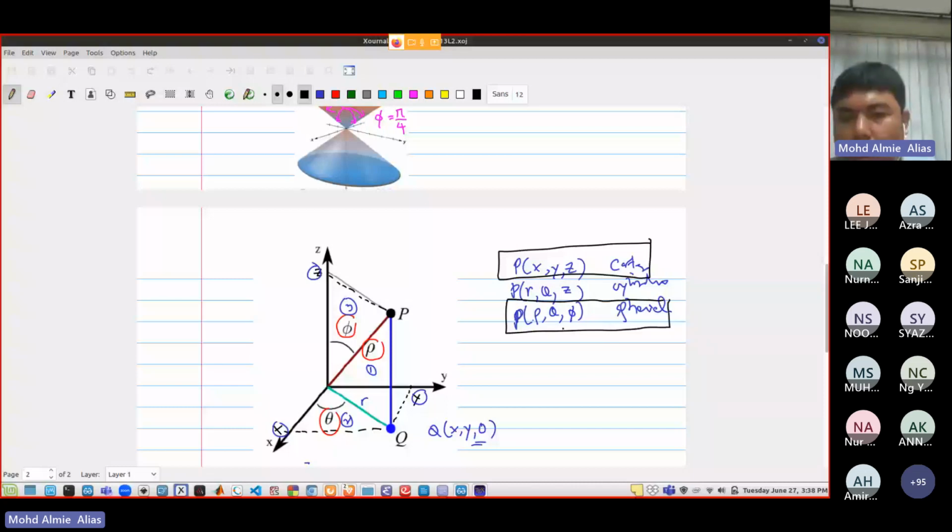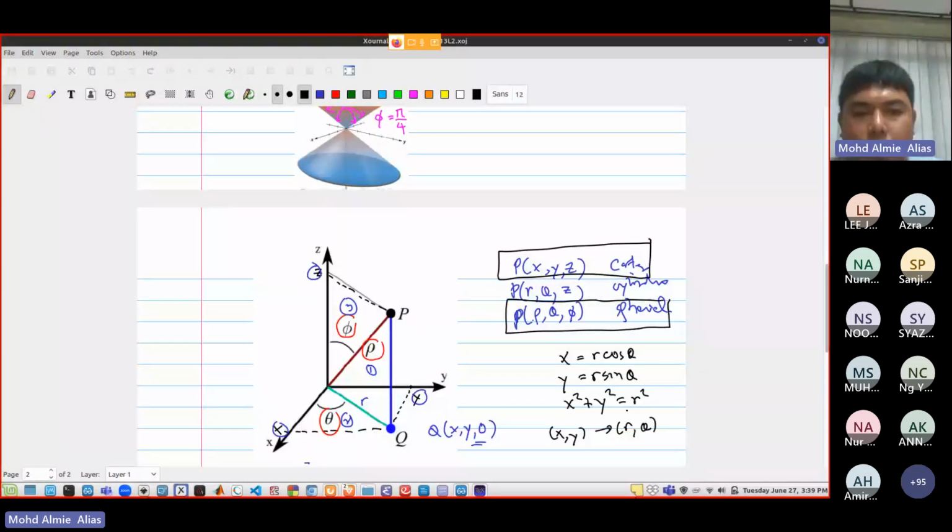If you use polar coordinate, for example, you know the relationship is x equals r cos theta, y equals r sin theta. Which means that if you have x and y, you can get r and theta by solving this. In addition, you know that x squared plus y squared equals r squared. So you can easily convert x and y to r and theta. This is for polar coordinate.